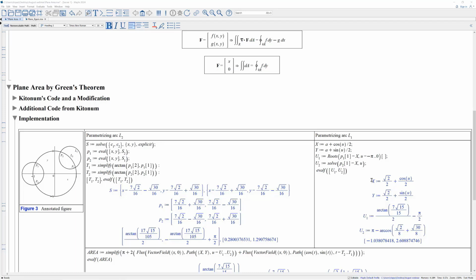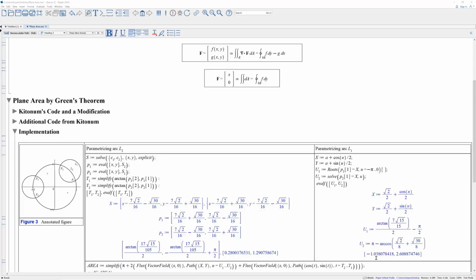And so x in terms of u, y in terms of u, the value of the parameter, and if I float those values, you'll notice it's from minus 1.038 to 2.609, let's say, radians.